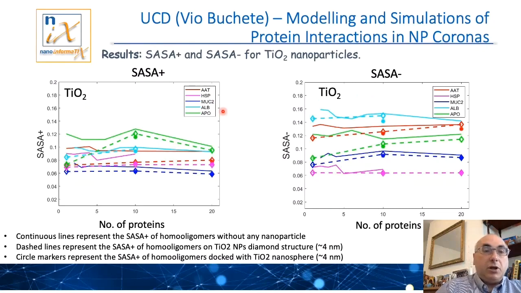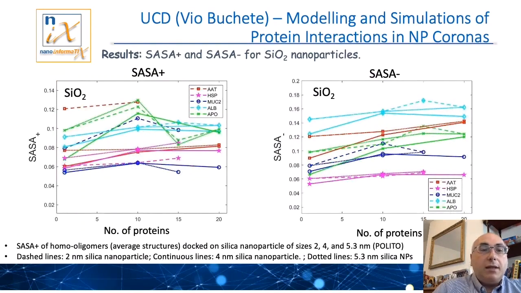And similarly, you see that instead of 40-50% as we had for the hydrophobic fraction, we have much smaller values of 12% and 14% maximum, and for silica as well.